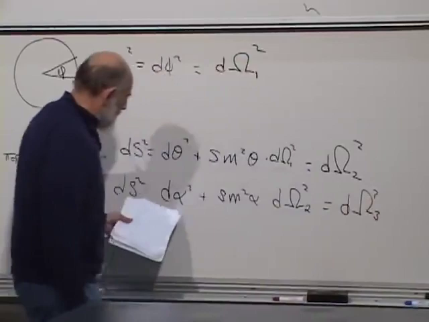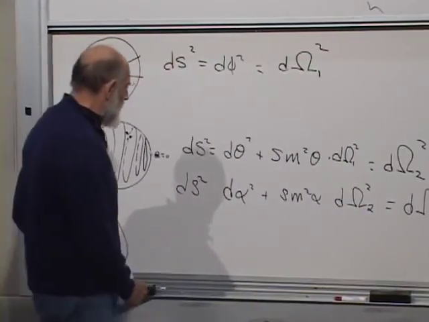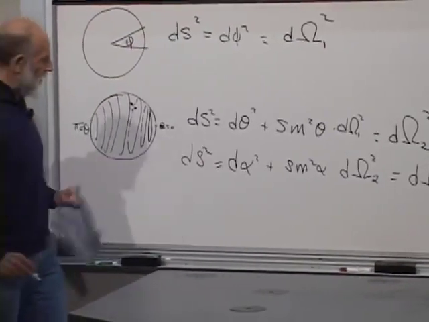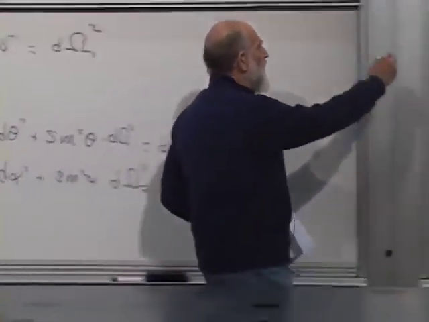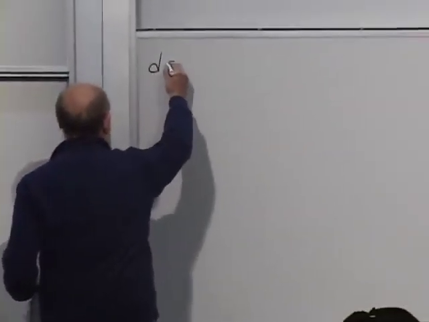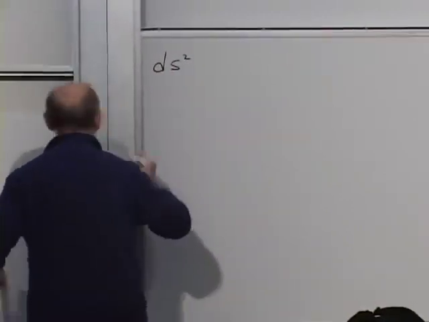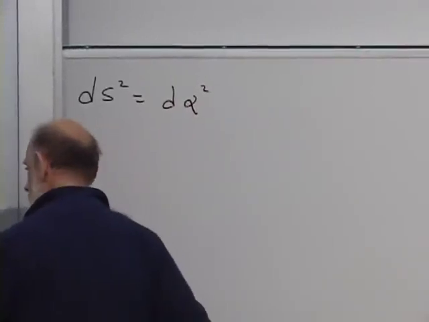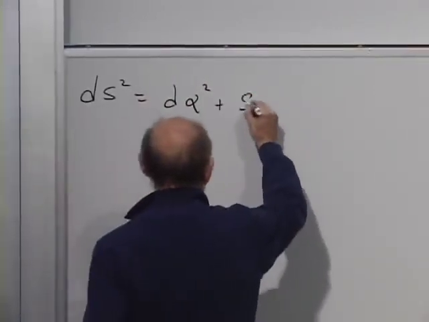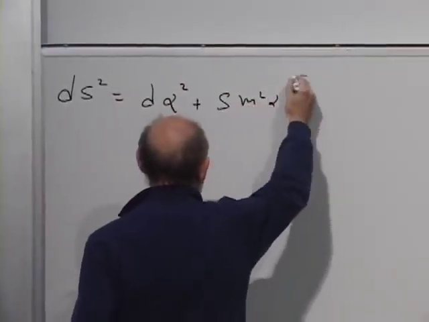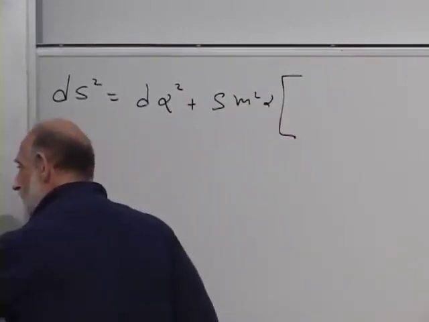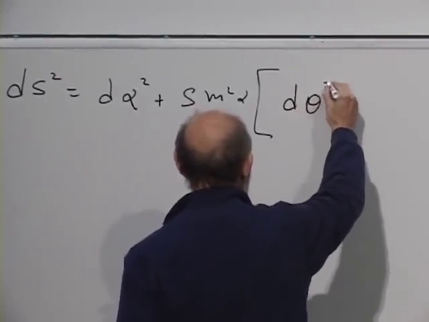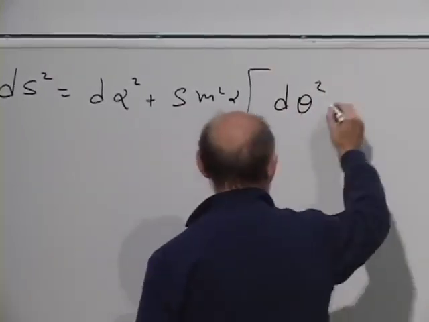Let me write it out explicitly, just to make sure that you understand exactly what this means. It means the ds squared for the three-sphere is equal to d alpha squared, that's the extra angle we add, plus sine squared of alpha, and then open up a box and just write the previous metric of the lower dimensional sphere.